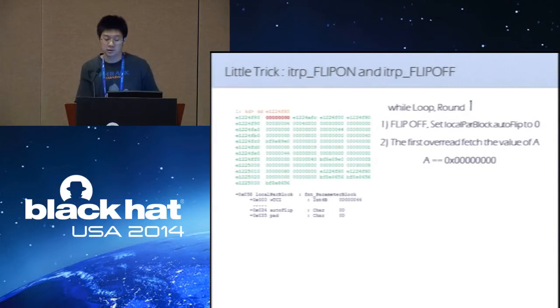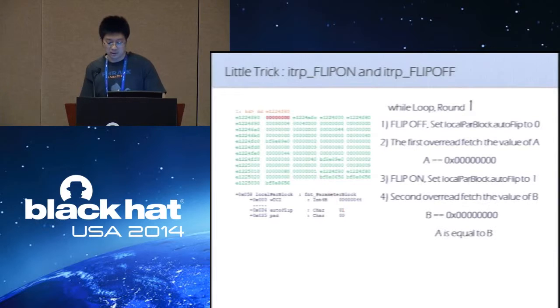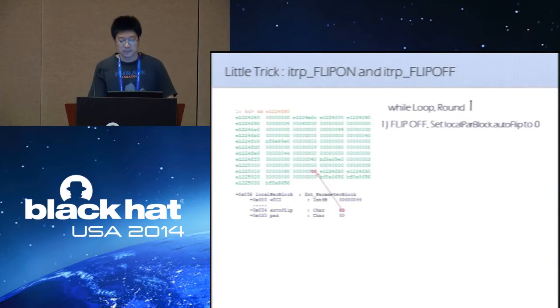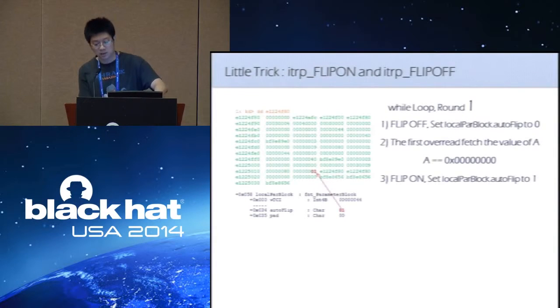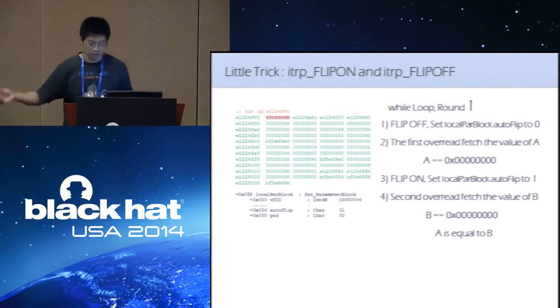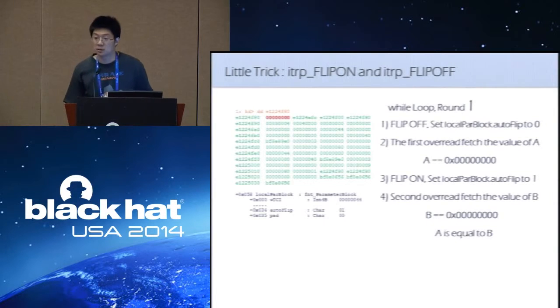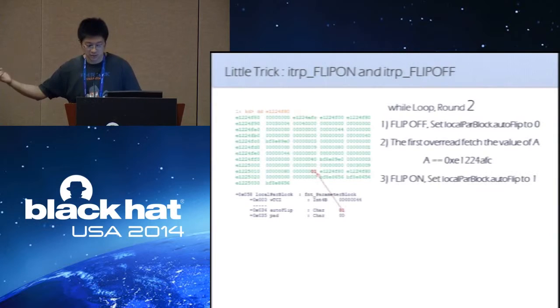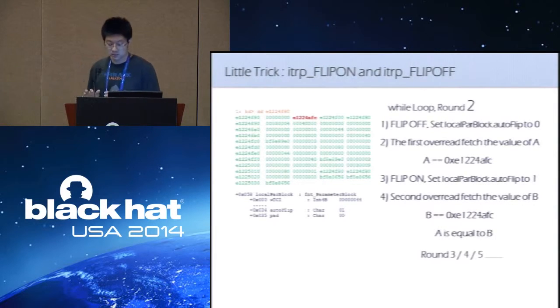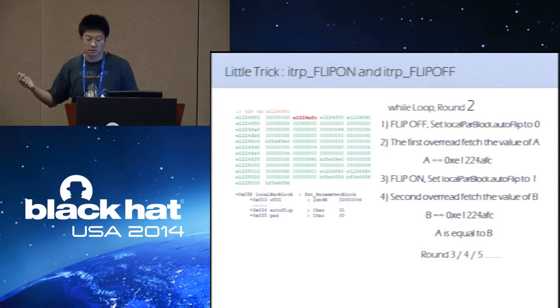Now A is equal to 0, and then flip on. Flip on means set to 1, and a second read fetches the value of B. B is also equal to 0. So the logic is set 0, read, set 1, read, and this round A is equal to B. In the next round, set 0, read, set 1, read, A is also equal to B.